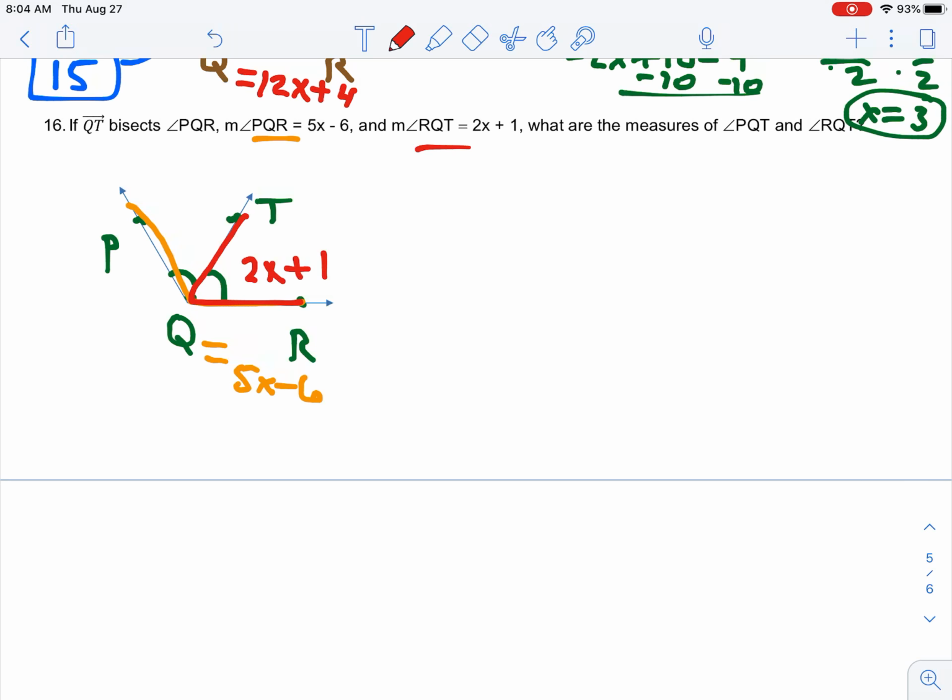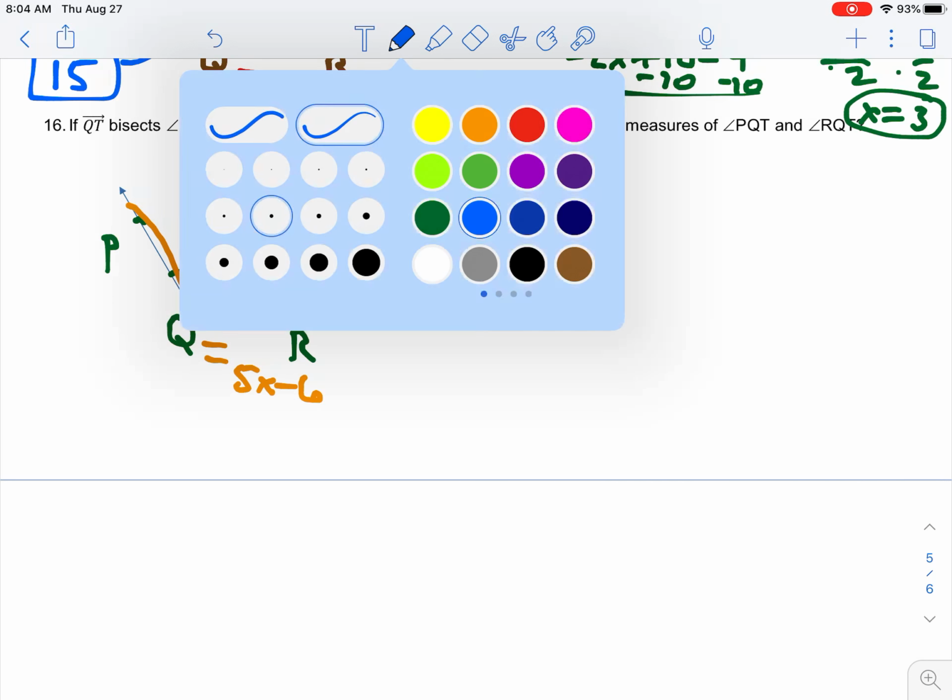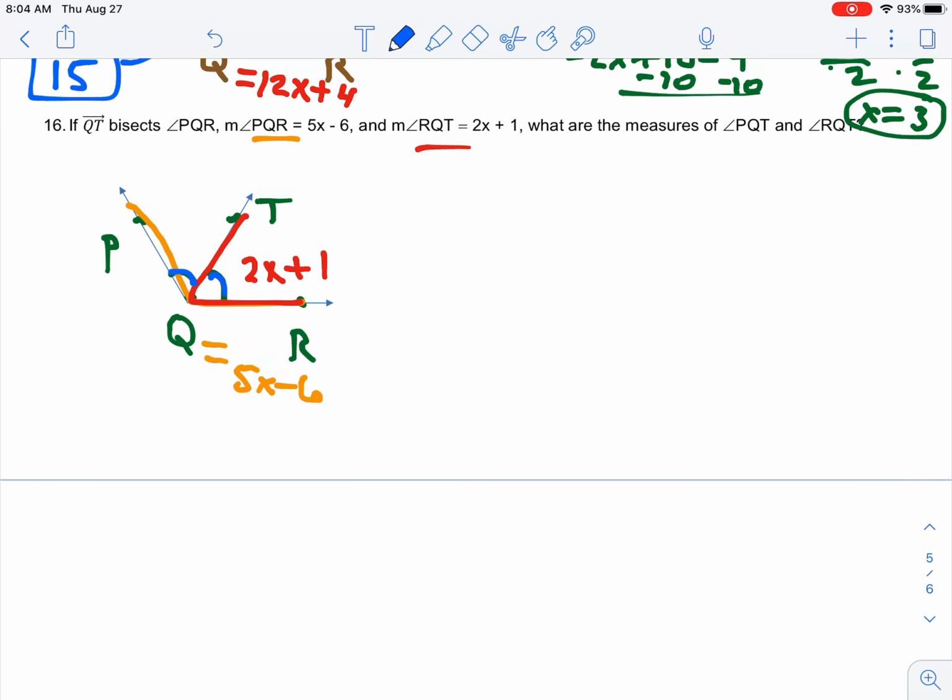Now, this is similar to our midpoint question we had. We have two equal angles here, but I have an equation in one of the angles, and then I have an equation for the whole entire big picture. I cannot take one little angle and set it equal to the big picture combined. So because these are equal parts, if this is 2x plus 1, I can put 2x plus 1 inside here.